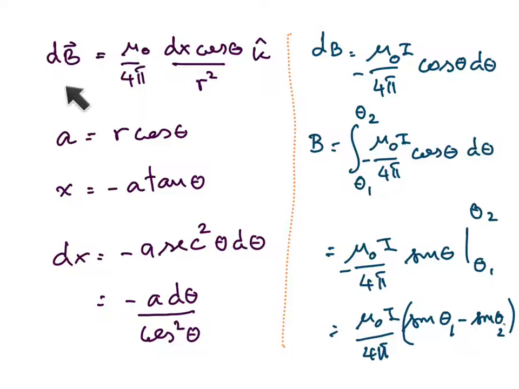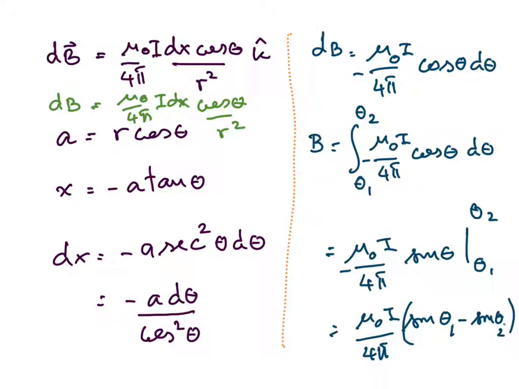We have this formula for the magnetic field, and if we write the magnitude only, we have that dB is equal to mu naught over 4 pi, I, you must have I here, dx cos theta over r squared.